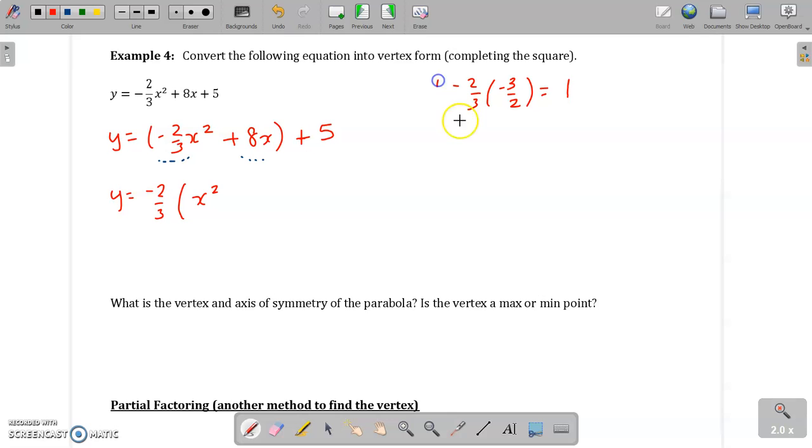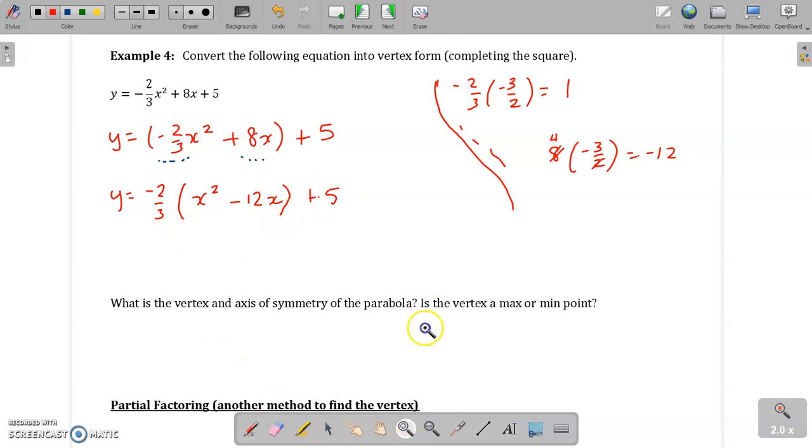I don't know if this is helping. I hope it helps. Just to show you how we reduce this 8: if I also multiply that by the reciprocal, these cancel. So you're left with 4 here. So that's going to be -12. So that's going to be x squared minus 12x plus 5.